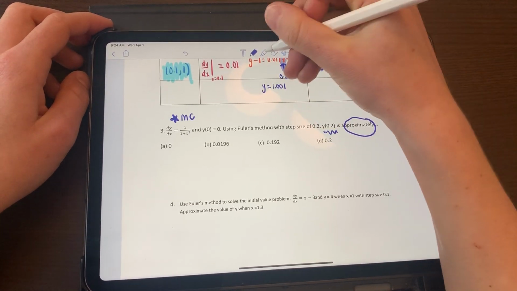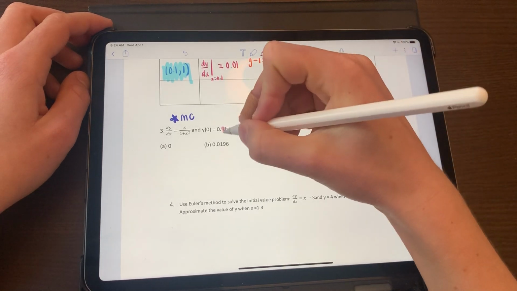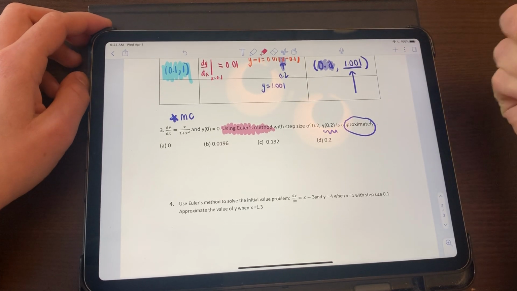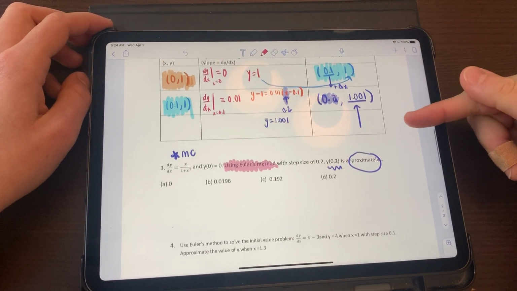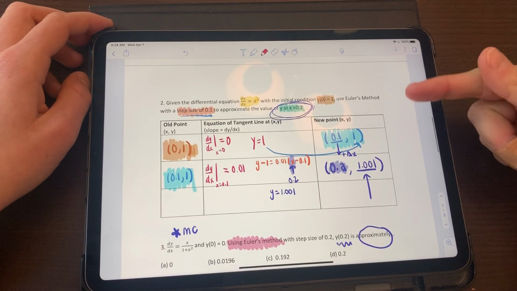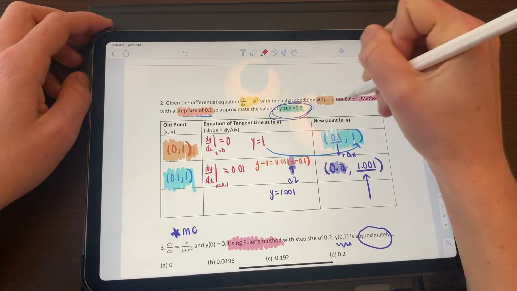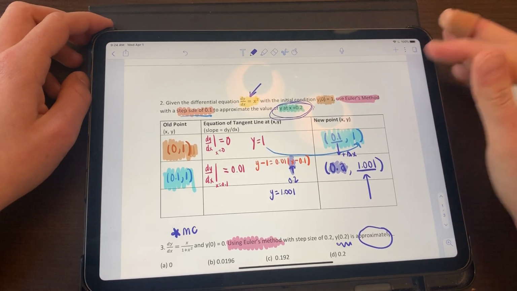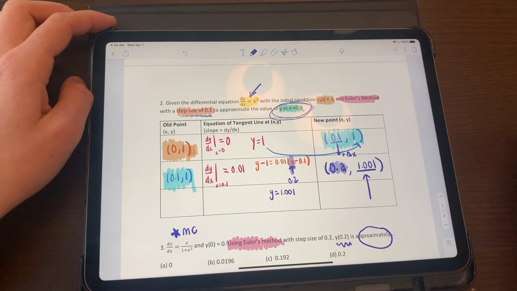So your question you might have is, how do I know to use Euler's method? And oftentimes you will be explicitly asked to use Euler's method to approximate a value. Always try to use separation of variables when possible. So here it says use Euler's method, but we could have separated this to get the value. So if it didn't say use Euler's method and it just asked for the value, use separation of variables.